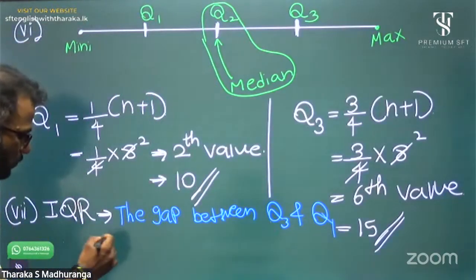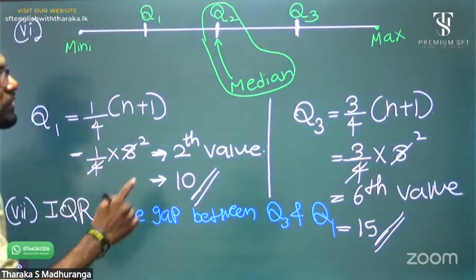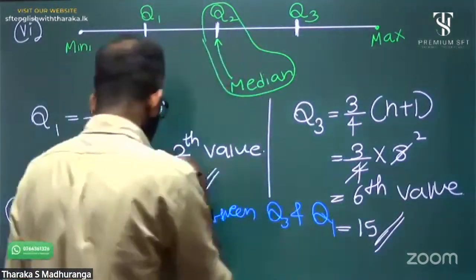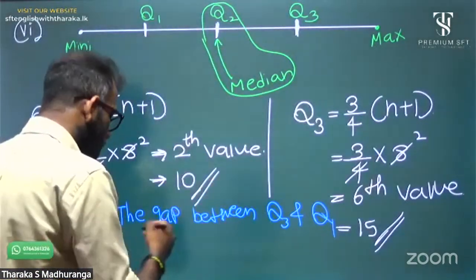Okay, IQR equals Q3 minus Q1, 15 minus 10.